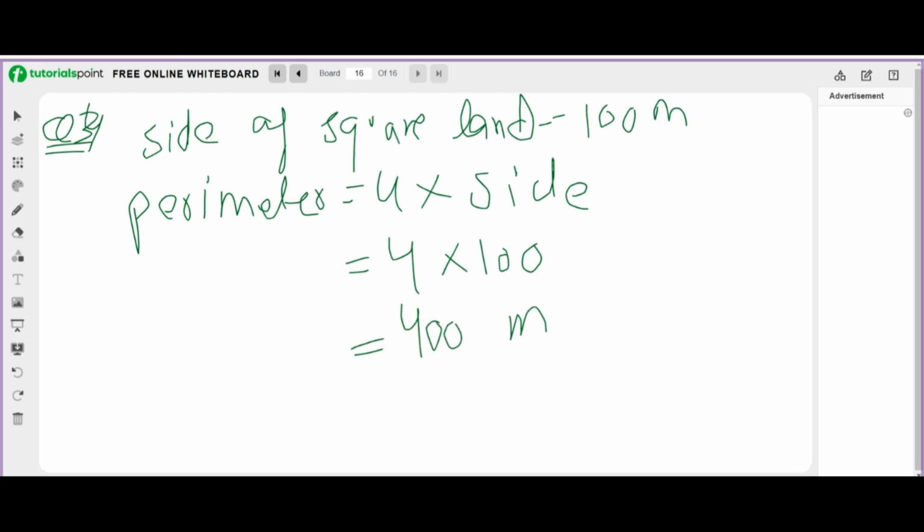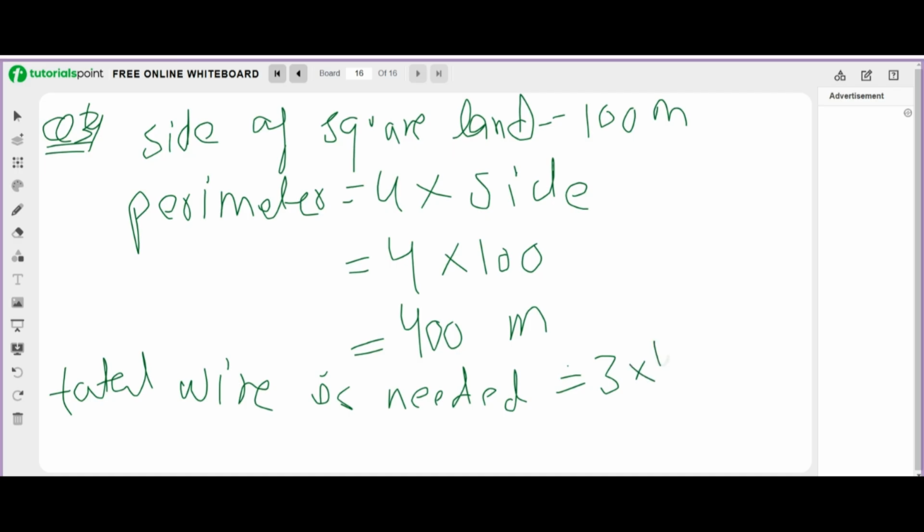And after that, the total wire needed will be 3 multiplied by 400 meters. Then it will be 1200 meters.